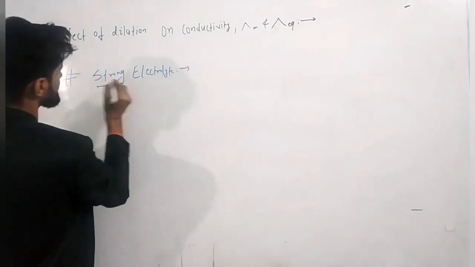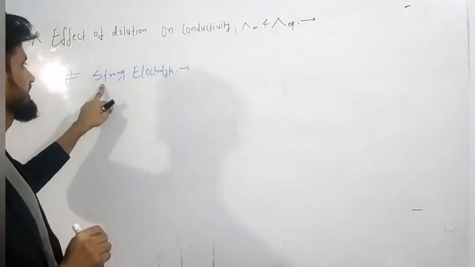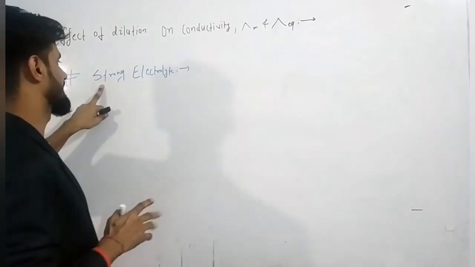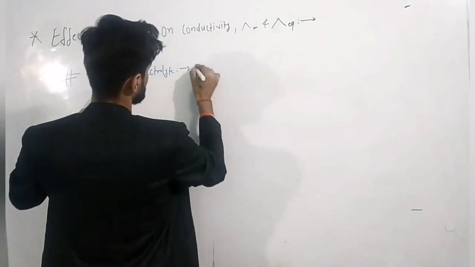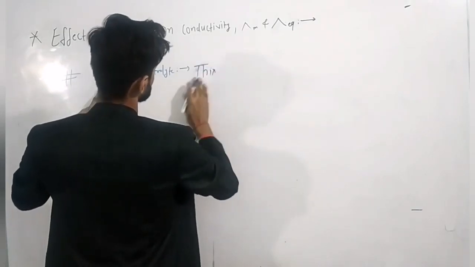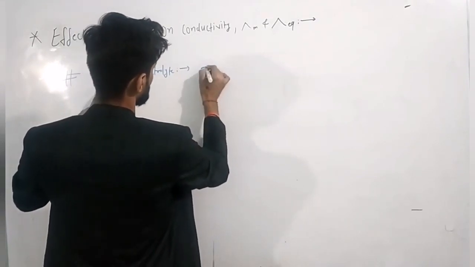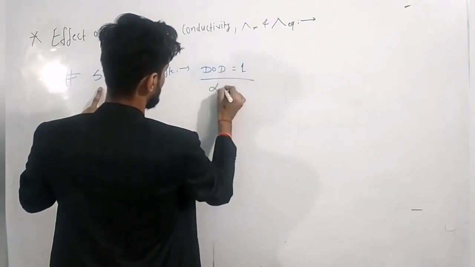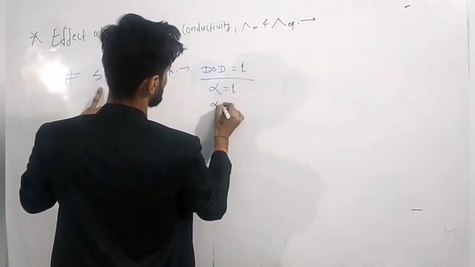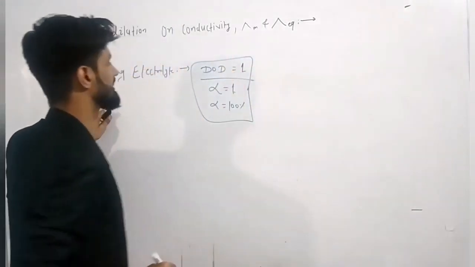One thing that should come to your mind is that there are strong intermolecular forces of attraction acting in a strong electrolyte. For a strong electrolyte, the degree of dissociation alpha equals 1, or you can say alpha equals 100%, meaning the degree of dissociation tends to 100% or 1.